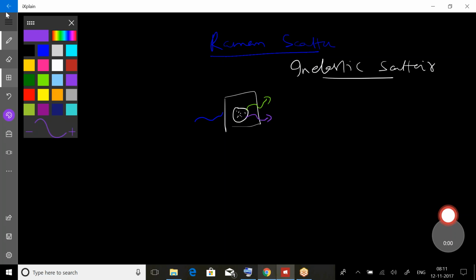So in Raman scattering, we can get both. The higher wavelength one is called Stokes Raman scattering, and this one is anti-Stokes Raman scattering. In fluorescence, the difference between the excitation and the emission maxima is what we call the Stokes shift.